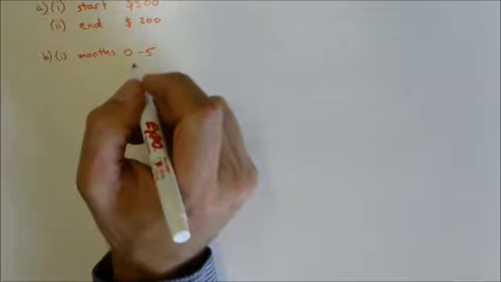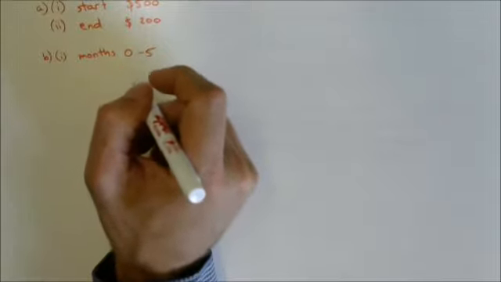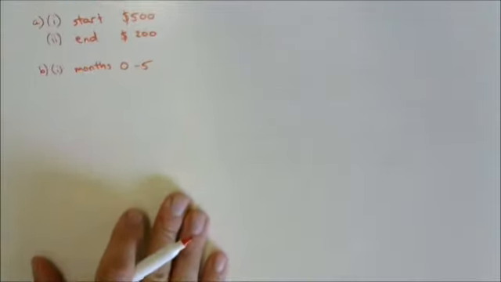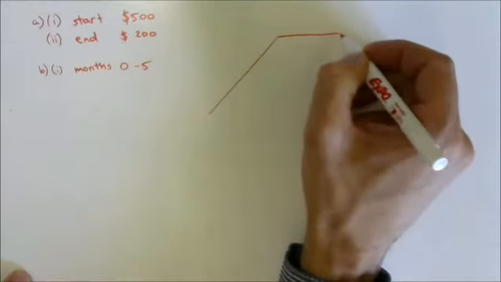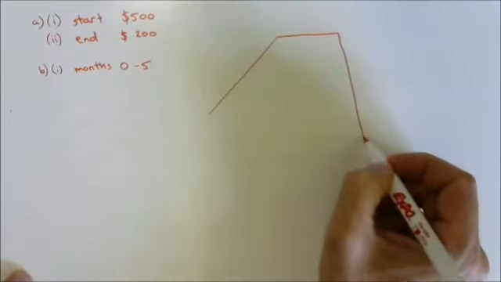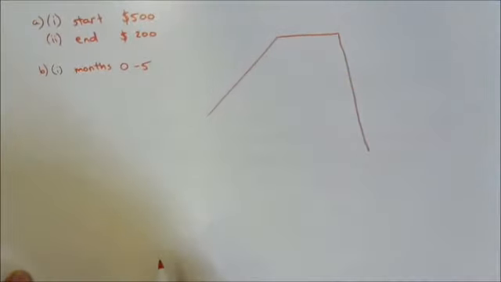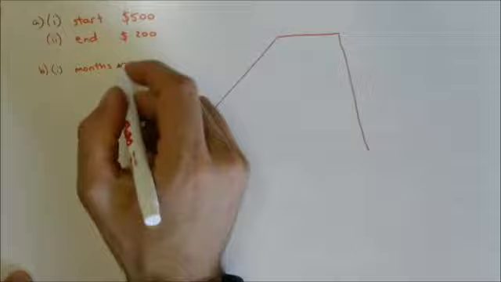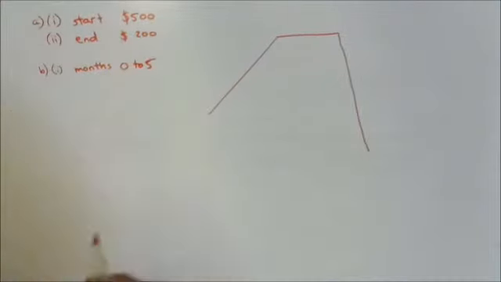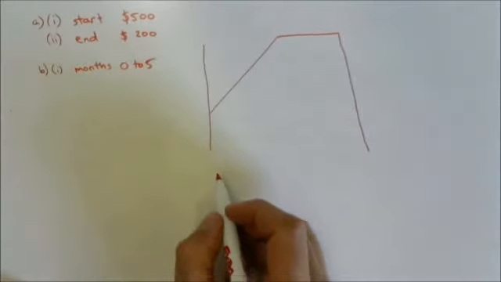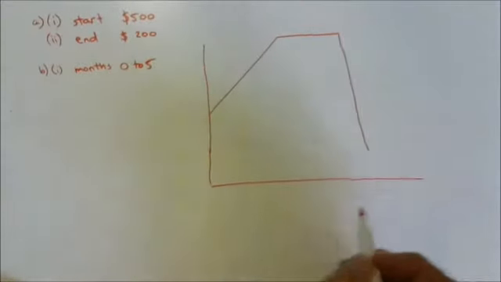How does it change? Can you describe that line or the trend? Months 0 to 5. Well, it goes up by 1,000.